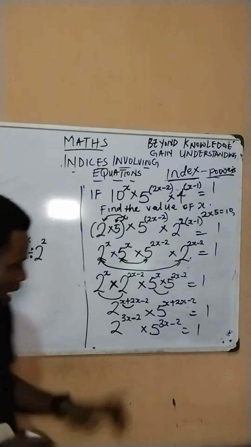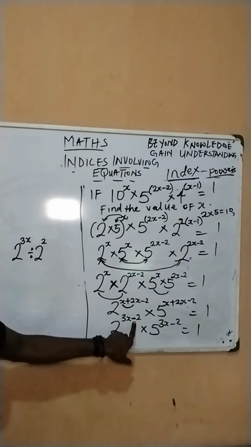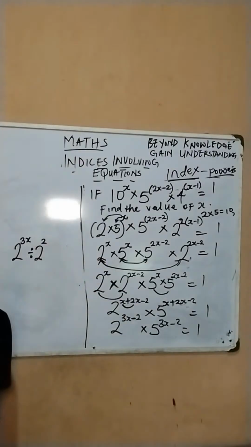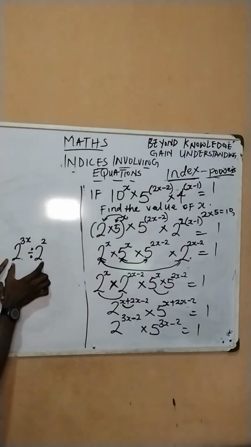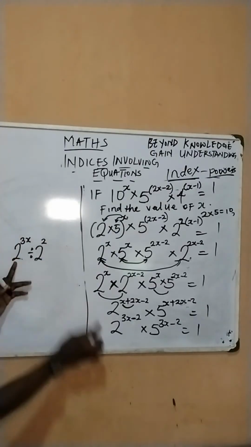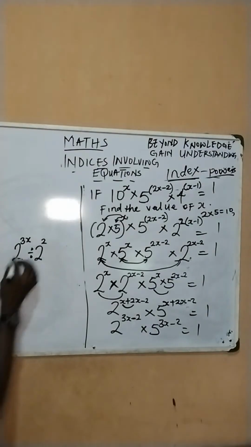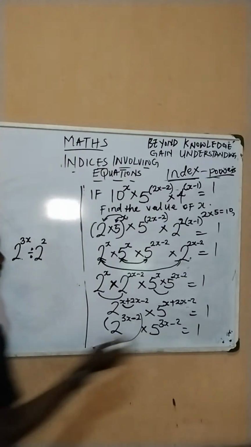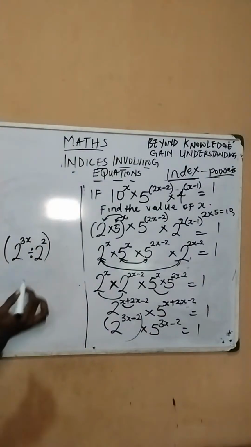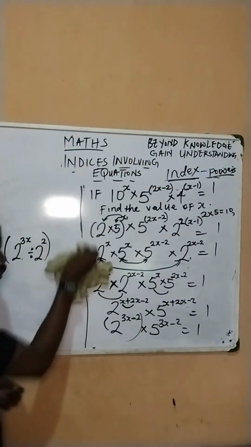What did I do here? I just reversed what we have here, because subtraction in an index simply means division if you reverse it. So this is the same thing as what we have here, just that in this form we have expanded it or simplified it to become this. This is what I want to do at this point. I'll do the same thing for this 5. I can put a bracket here to separate what I'm actually doing.